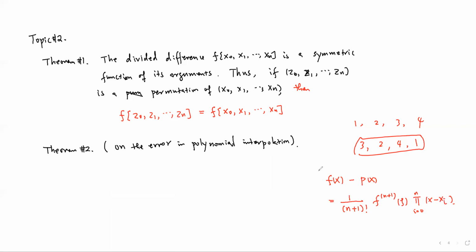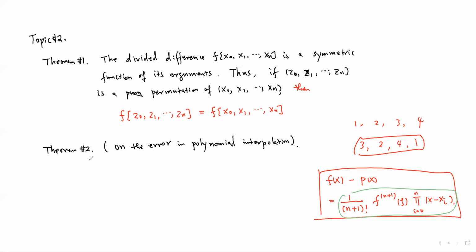Here, this is the error from using the interpolation polynomial. The difference between the function f and the polynomial is given by this. But now it turns out that the error can be given by a finite divided difference.